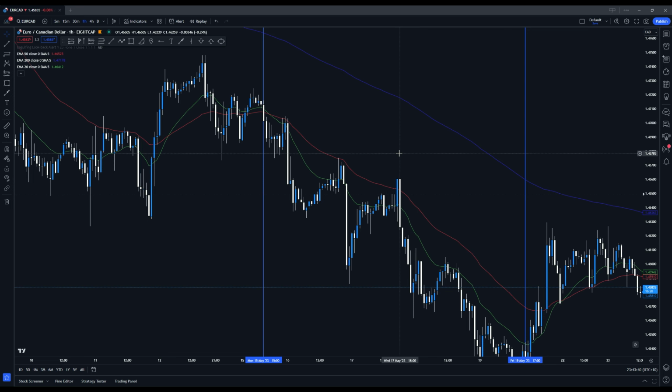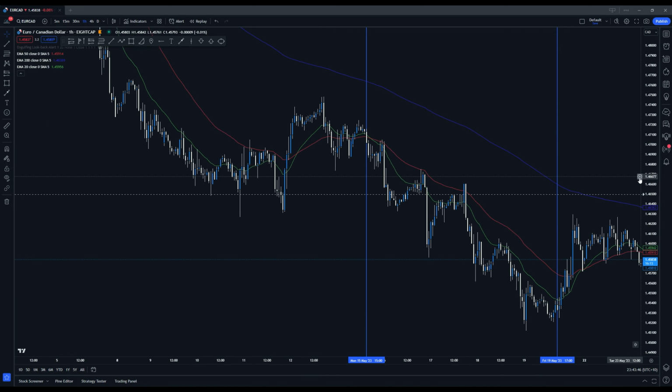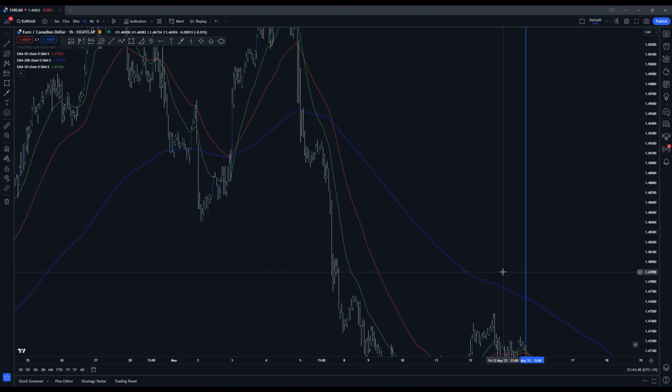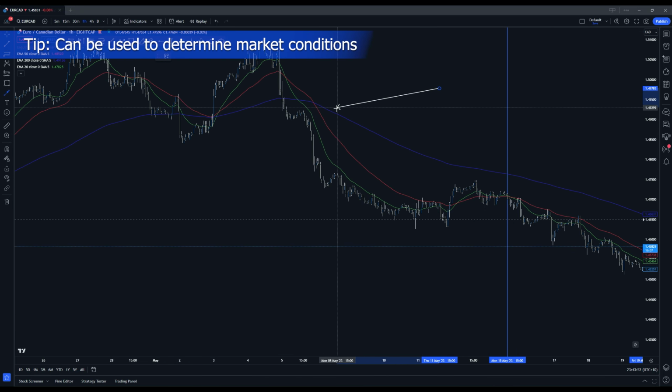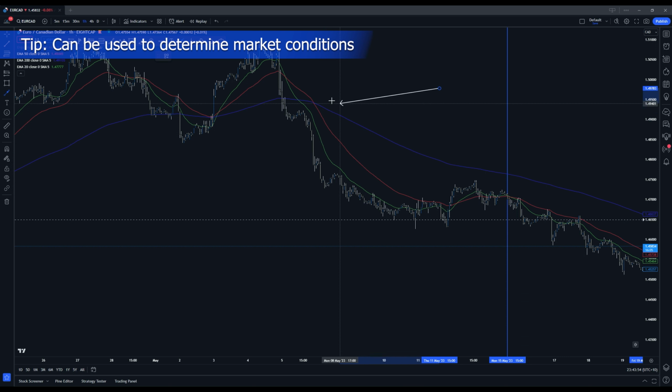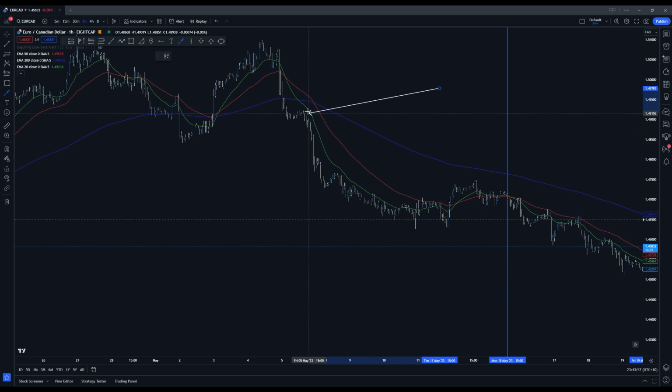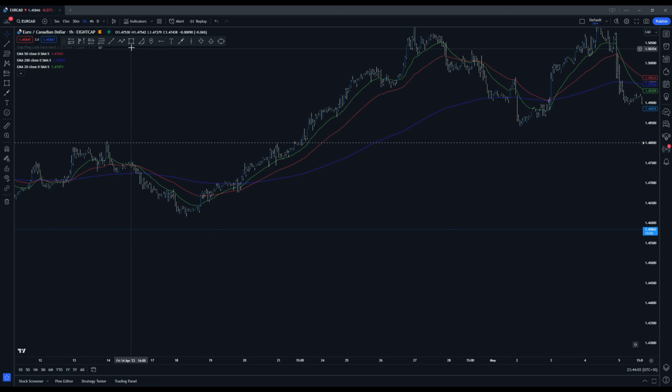There's also another couple other ways that you can use the EMA. The other way is to determine the direction of trend. Basically, having the 200 above the 50 and above the 10 shows a strong trend down. Vice versa, having the 200 below the 50 and below the 10 shows a strong uptrend.